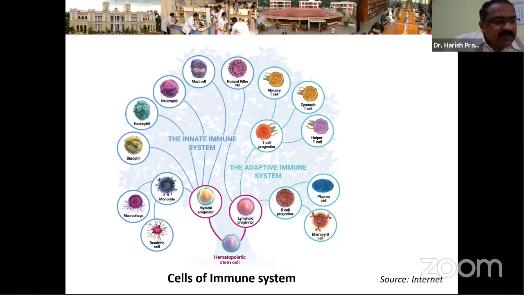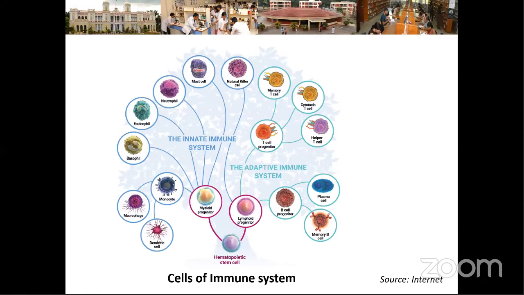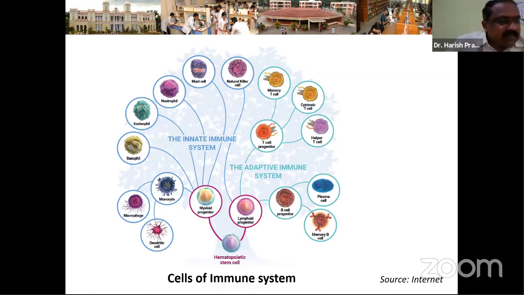All of the cells of this system develop from stem cells, which, as we all know, are located in the bone marrow, and give rise to lymphoid as well as myeloid progenitor cells, each of which differentiates into varieties of cell types.